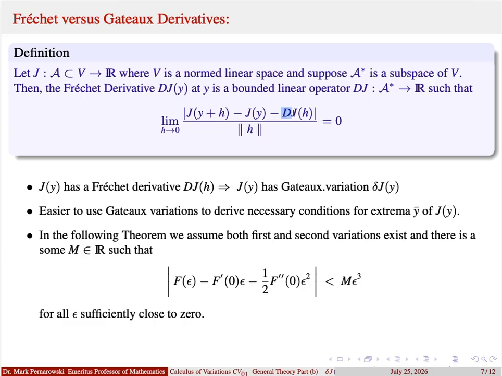But these things are complicated. The derivatives are bounded linear operators on these spaces, and it gets messy. If you ever dive into this, the first thing you should know is that if something has a Frechet derivative, it has a Gâteau variation. We're not going to be dealing with Frechet derivatives. We're only going to be dealing with Gâteau variations. They're way easier to work with, and it's easier to derive necessary conditions for extrema using them. Having said all that, I'm going to move on.